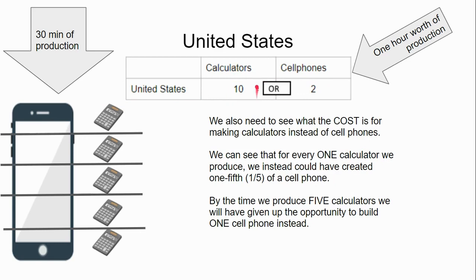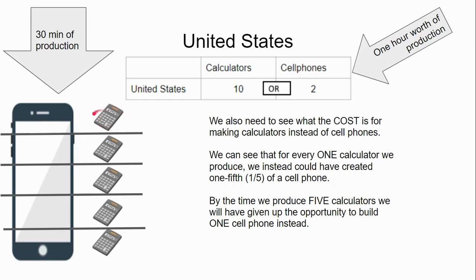Likewise, if it takes me 1 hour to make 10 calculators, that means half of that, 30 minutes, half of 10 is 5. So in 30 minutes, I could make 5 calculators or one cell phone. So that means if there are 5 calculators, it takes me 6 minutes to make a calculator.